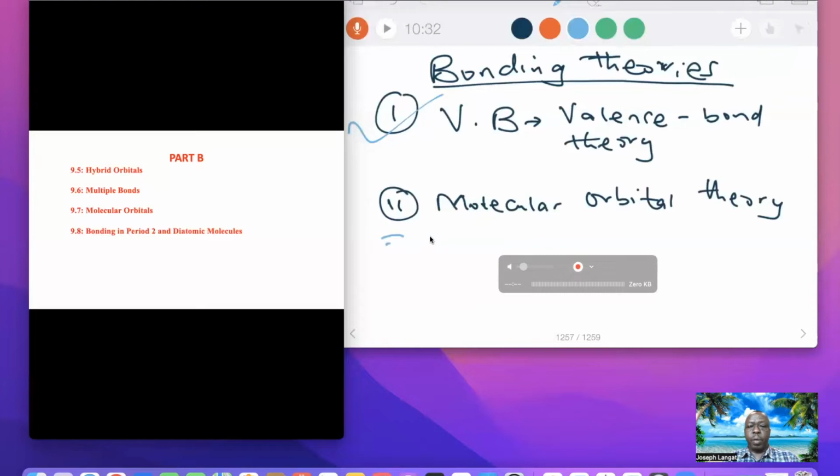In part B, we will look at the formation of molecular orbitals using the quantum theory, which we looked at before in chapter 6, atomic structure, the quantum mechanical model of an atom. In section 9.8, we look at the bonding in period 2 diatomic molecules.